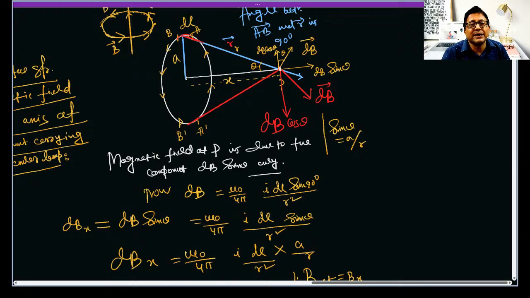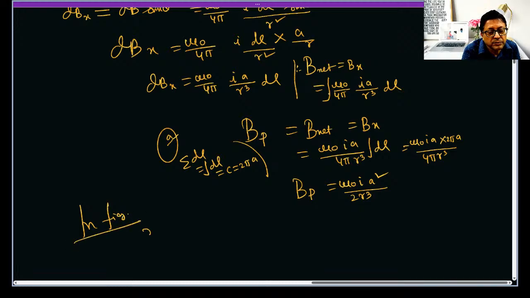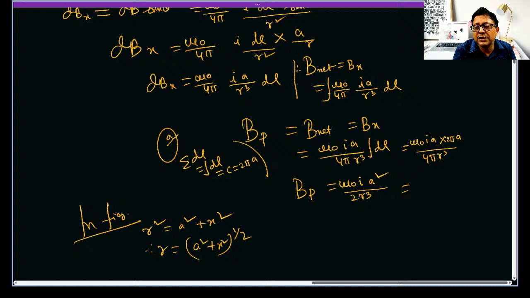What is R square in the diagram? R square is A square plus X square. So R is A square plus X square to the power half. So put it there.